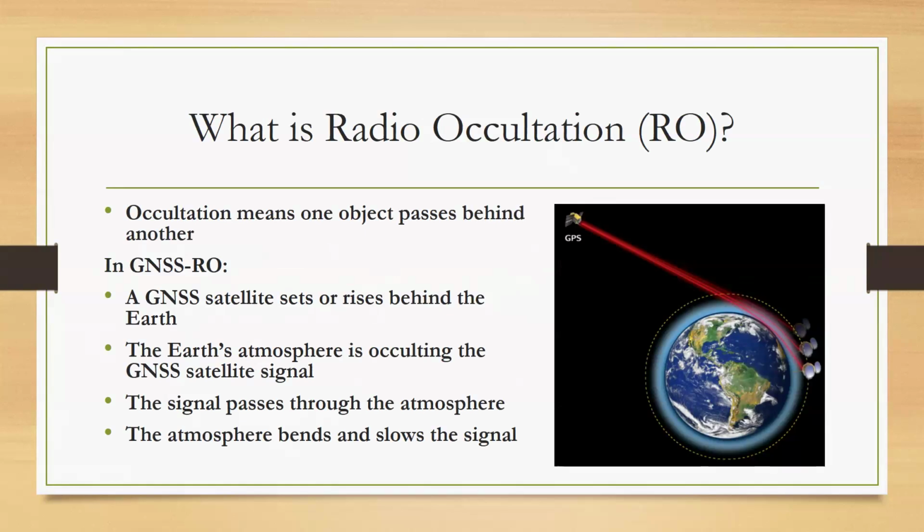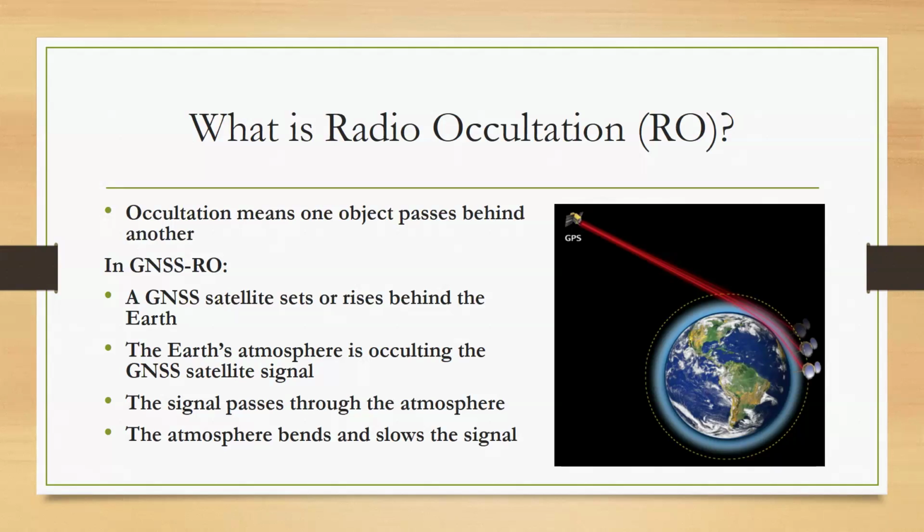Occultation generally, I think astronomers also use this term a lot, just means that one object passes behind another one. So one object is occulting the other.